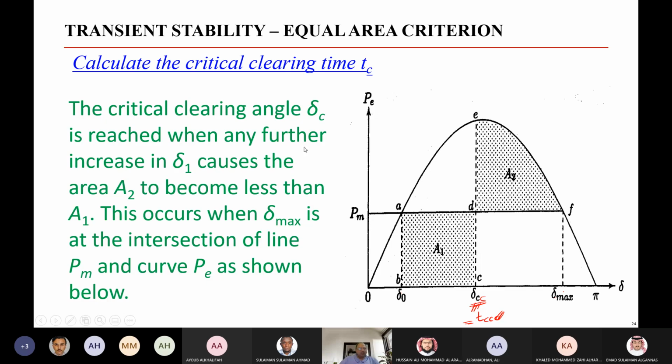So the critical clearing angle delta C is reached when any further increase in delta 1, the clearing angle of the fault, causes the area A2 to become less than A1. So you don't have enough deceleration area in this case. This occurs when delta max is at the intersection of the line.